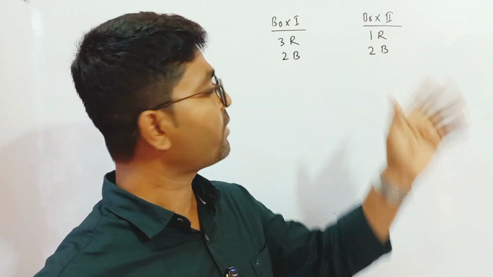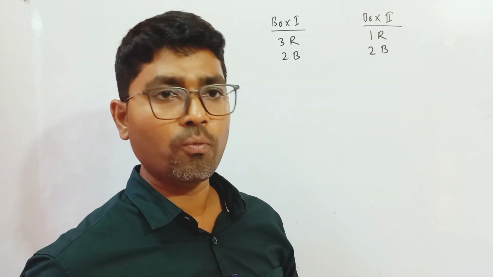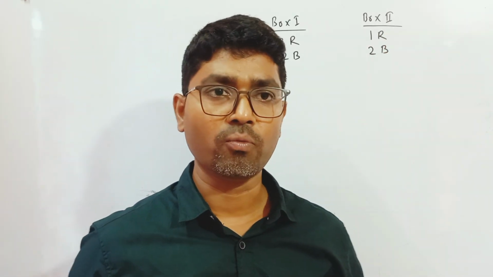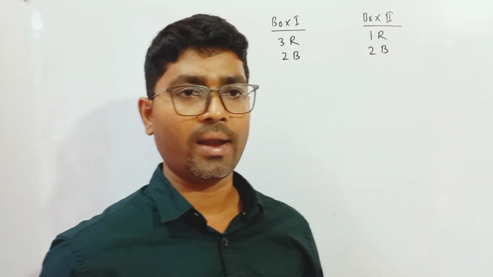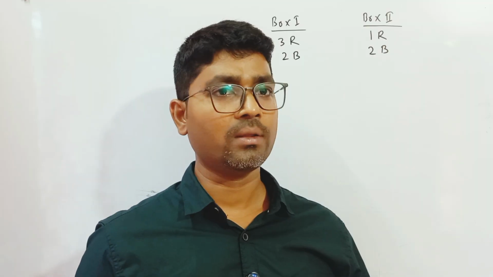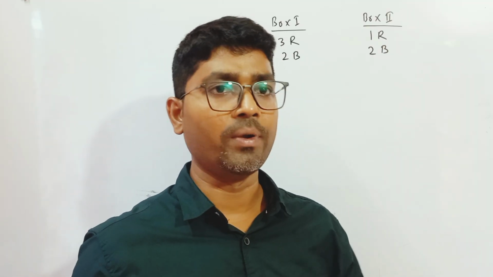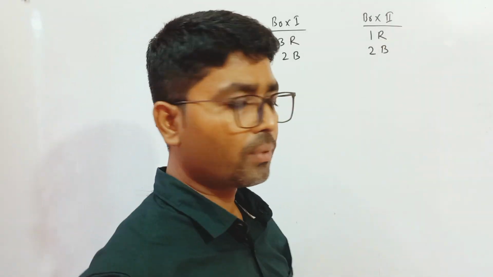We have two boxes. Box 1 contains 3 red balls and 2 blue balls. Box 2 contains 1 red ball and 2 blue balls. Now one box is selected randomly and a ball is drawn from the box. Now imagine the ball drawn is red. Now what is the probability of getting this red ball from box 1?